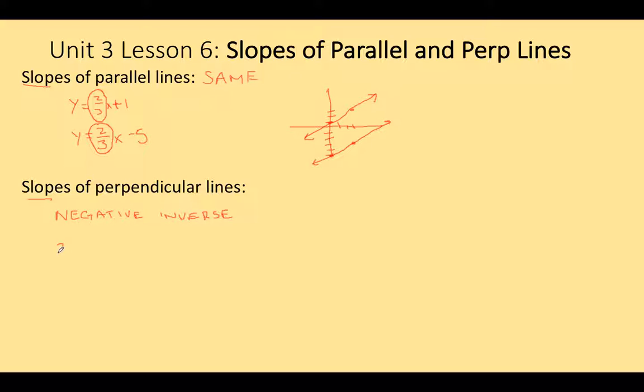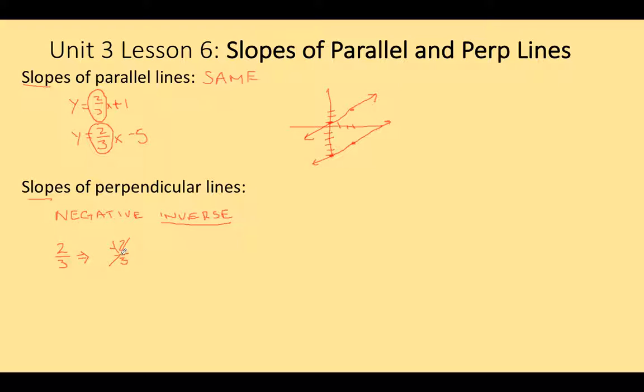If I had a slope of 2/3 in my original one, well, negative means that it'd be the opposite. So the opposite of positive 2/3 would be negative 2/3. But I also want the inverse.